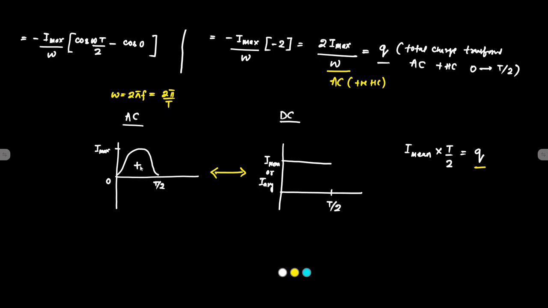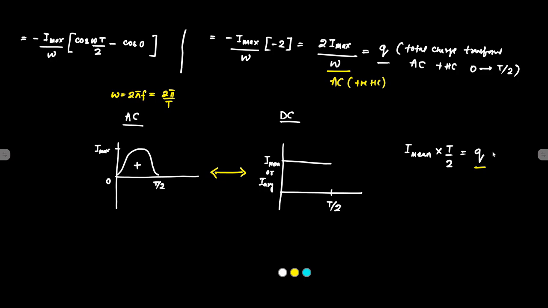By definition, it will send the same amount of charge in time period T by 2, which we calculated as 2 Imax by omega. So I mean into T by 2 should also be equal to Q, which is 2 Imax by omega.